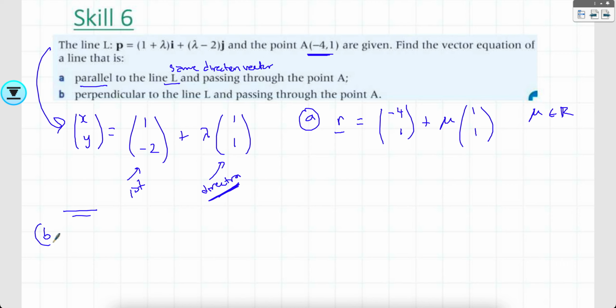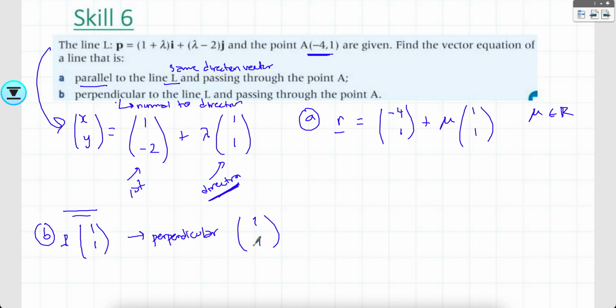Now, for part B, it has to be perpendicular to your line. Perpendicular means you are taking the normal to the direction vector. They didn't specify which format they needed to be written in, so we can keep it in vector format. But the idea is, if this is my direction vector of line P, then the perpendicular, which is the normal, is you switching these two numbers, which obviously will stay as 1, but then the second component will be negated.